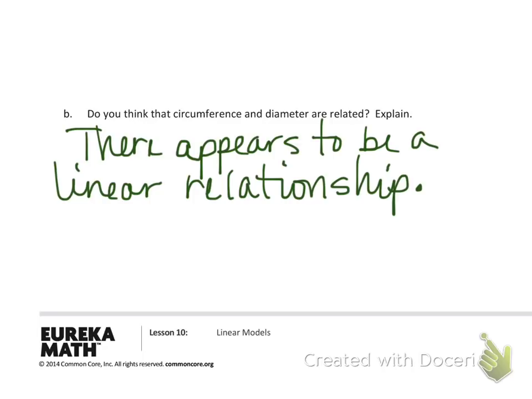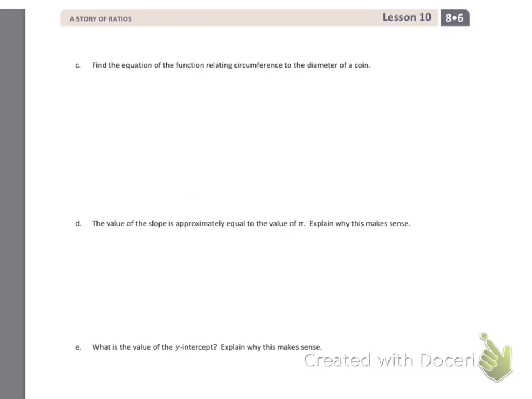And if they're not exactly in a line, it probably has to do with measurement error or rounding of the variables. Part C says, find the equation of the function relating circumference to the diameter of a coin.